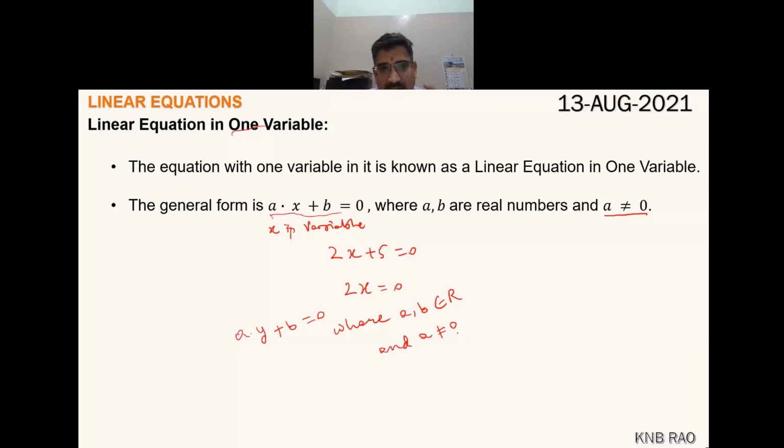The general form is a form which represents any linear equation in one variable. It is a generalization of a linear equation in one variable.